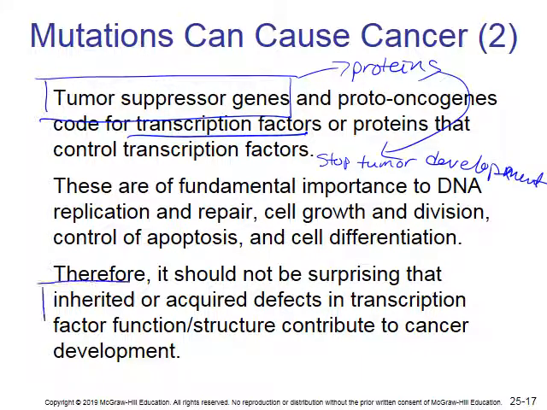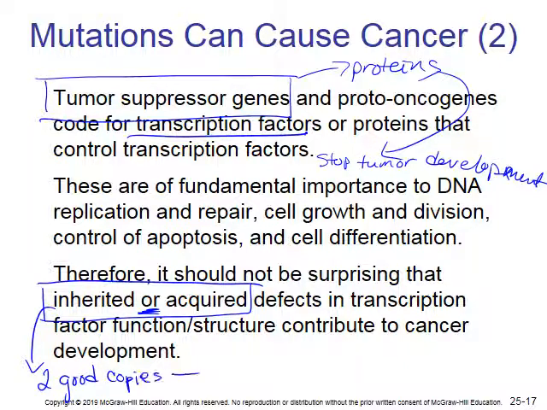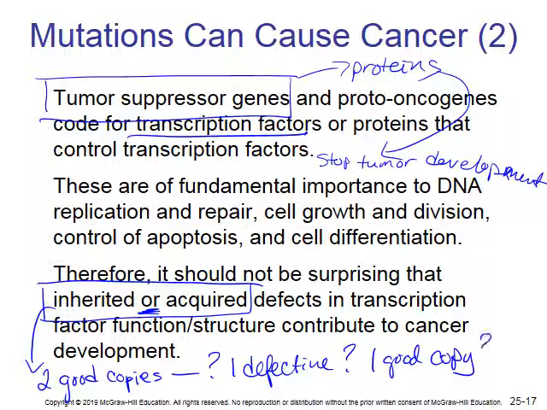I want you to realize that they can be inherited or acquired. So inherited, let's say you're supposed to get 2 good copies. What happens if one of your copies is defective? Now you only have 1 good copy. Okay, now acquired, the environmental factors.